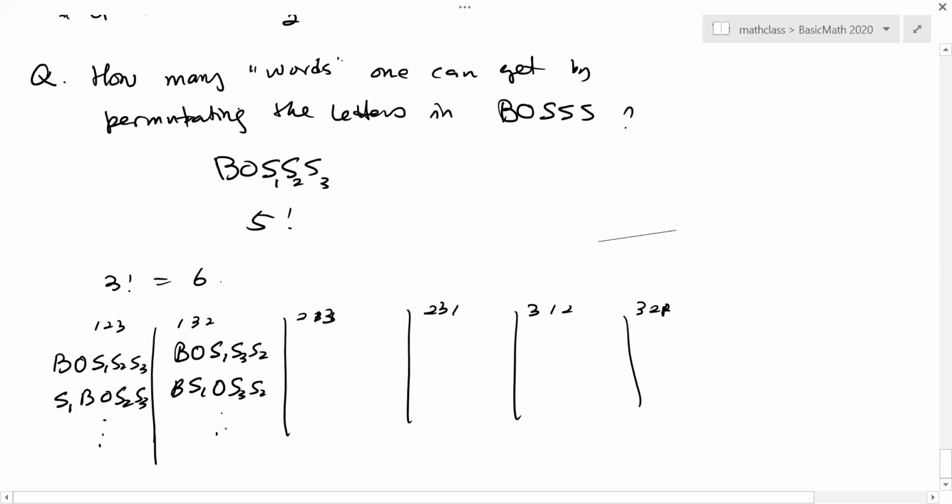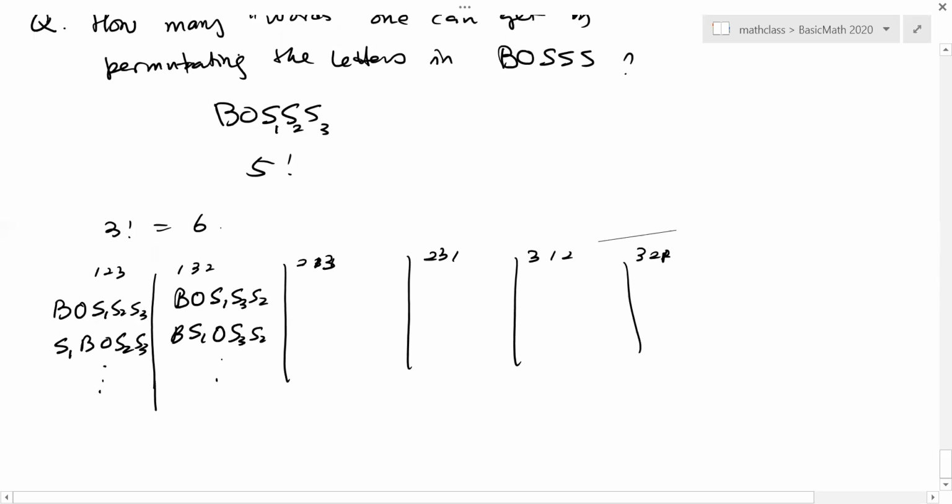You see? So you know what I'm talking about, right? That means I divide 5 factorial, which is 24 times 5, into 6 groups. Where's the 6 from? 6 is 3 factorial.